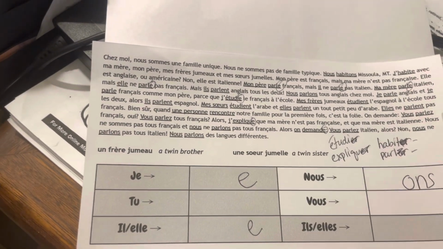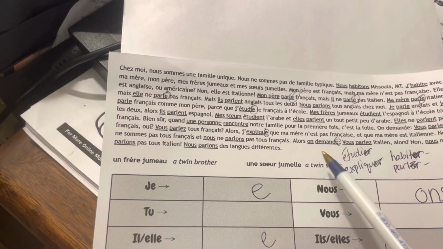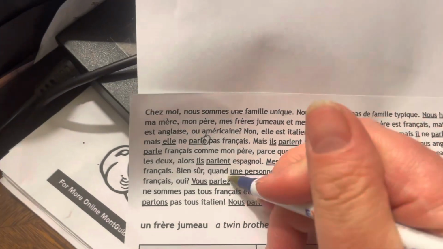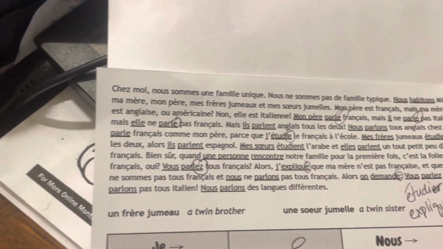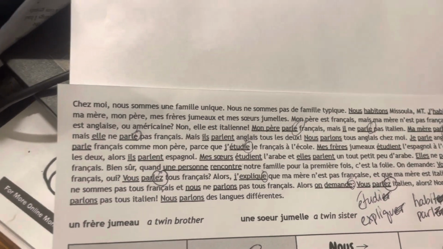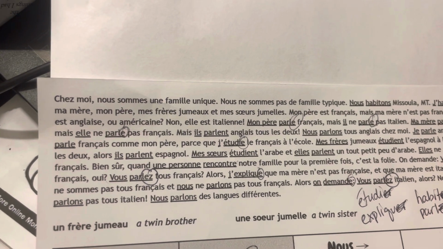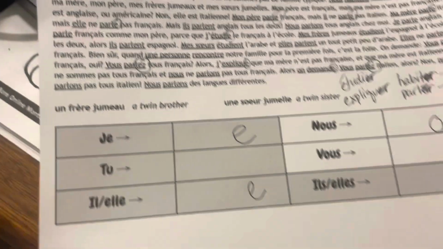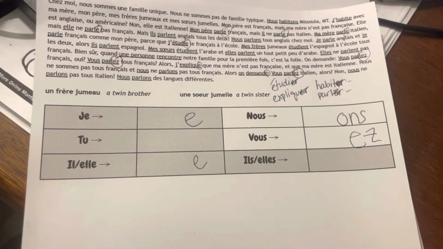Let's look at the vous. All right, so y'all see vous when I write it for all of you, but I see the vous has an EZ. We got a vous with an EZ here, another vous with an EZ. So there's that pattern that you take off the ER and you add an EZ for vous.